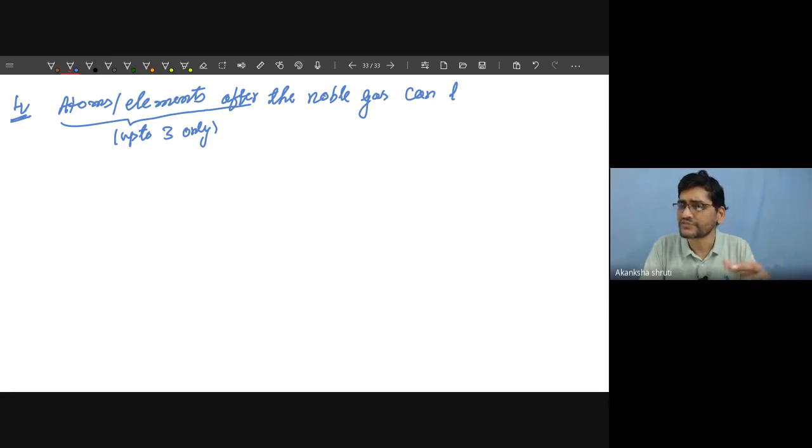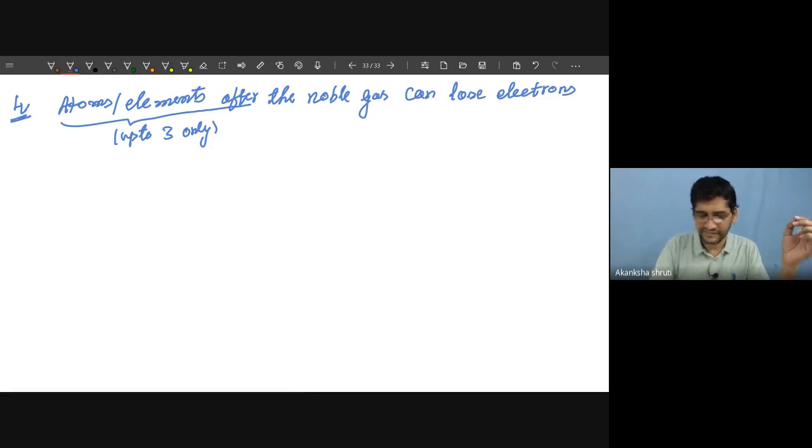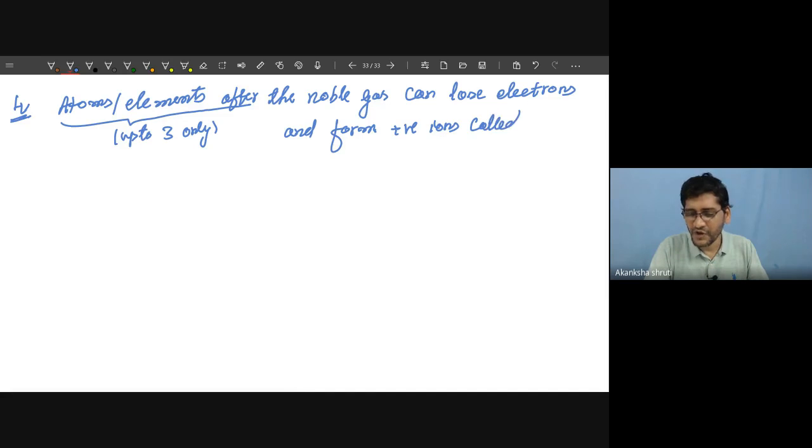How they can lose, this we will learn in our next chapter. They can lose electrons and form positive ions, and these positive ions are called cations.